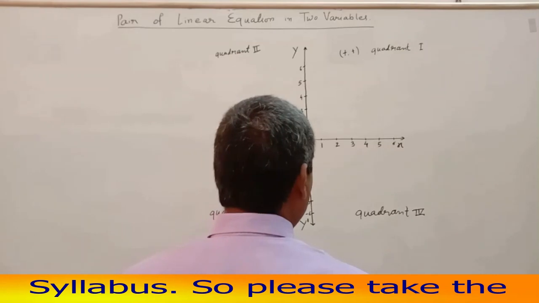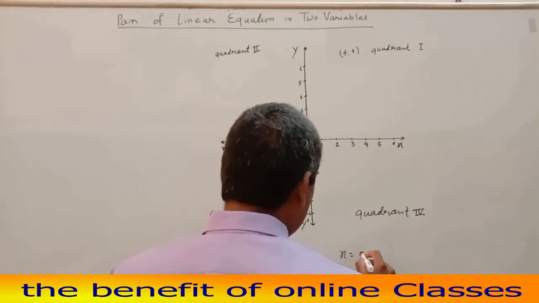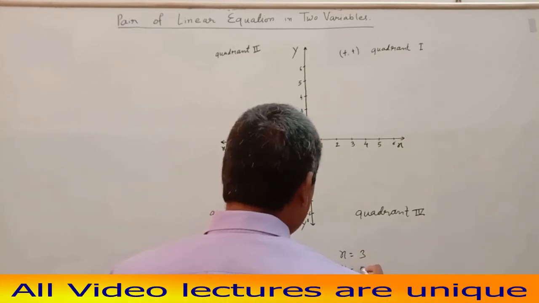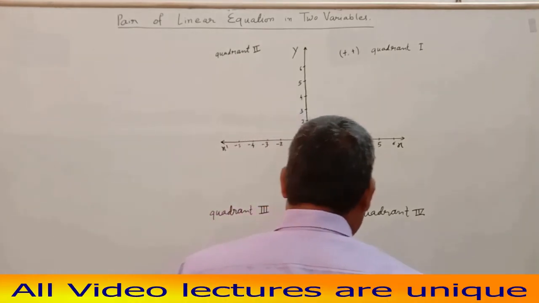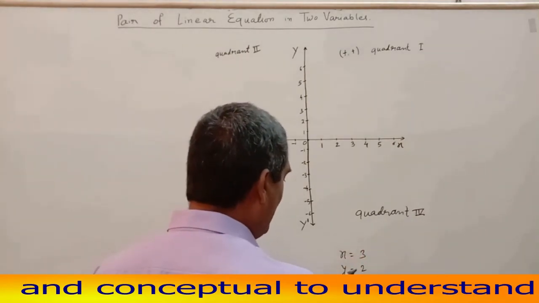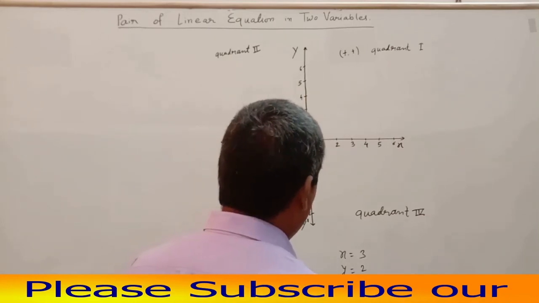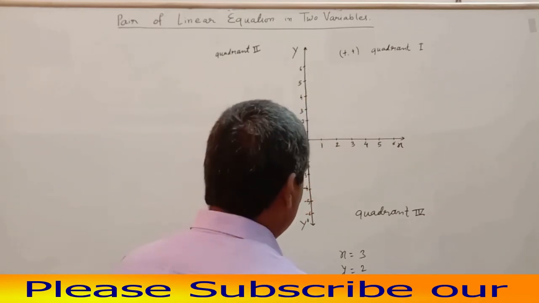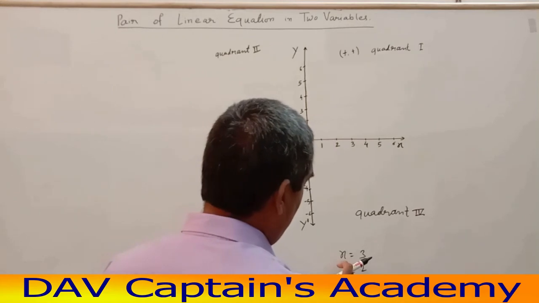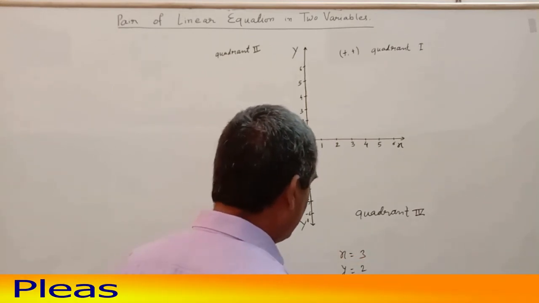Suppose we have to represent x equal to 3 and y equal to 2. You have to decide in which quadrant the values of x and y will be placed. First of all, we see x is plus 3, positive.